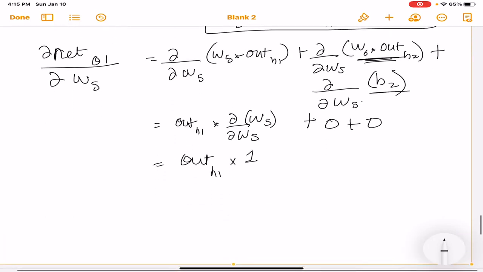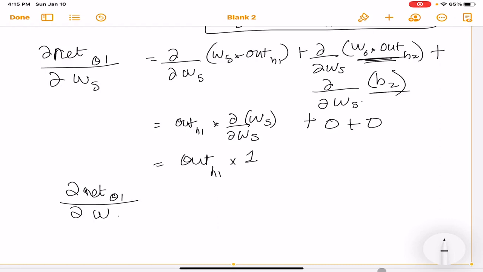So we have found dou net of O1 divided by dou W5 is nothing but out H1, and the value of out H1, which we have already found out from our forward propagation, is 0.593269992, right?